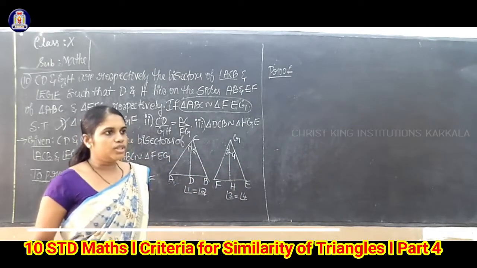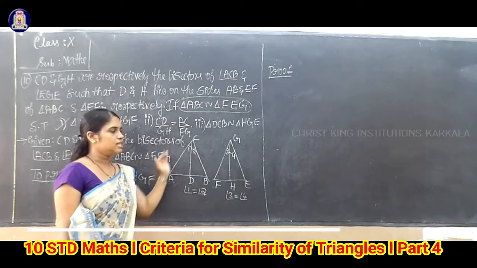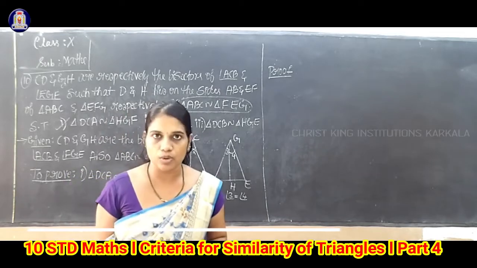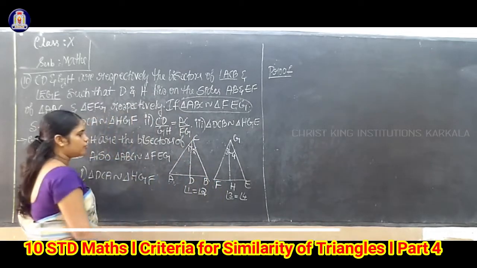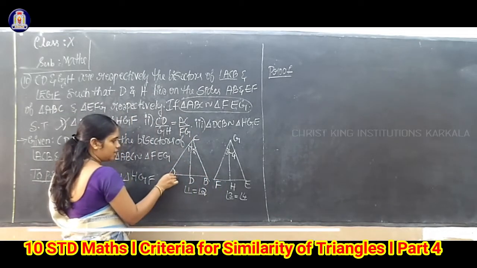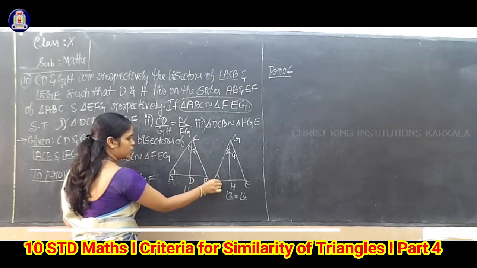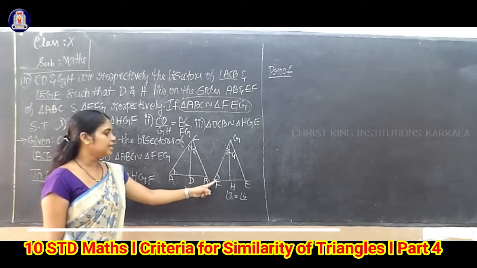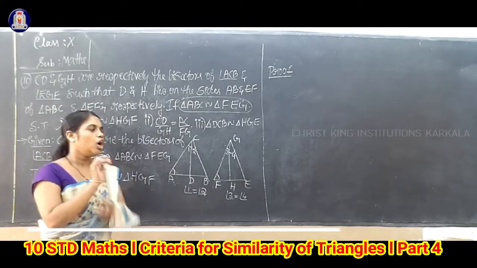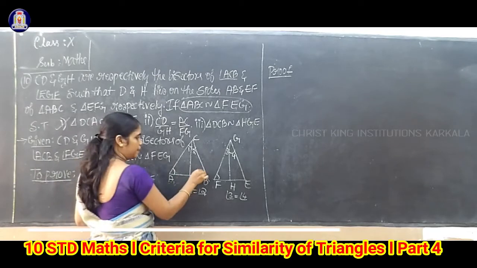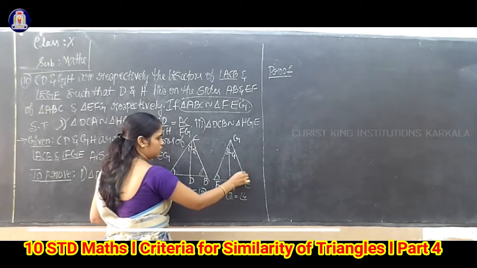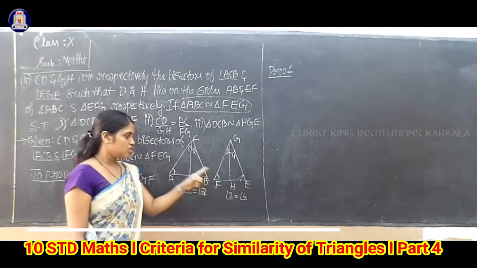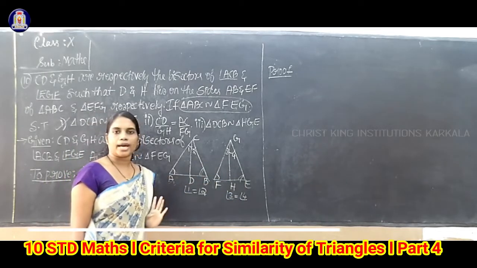We know that if any two triangles are similar, then their corresponding angles are equal. For angle A, the corresponding angle is F, so angle A is equal to angle F. For angle B, the corresponding angle is E, so angle B is equal to angle E.